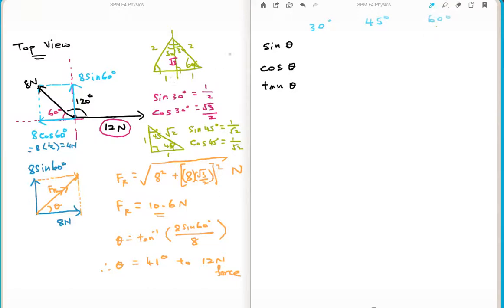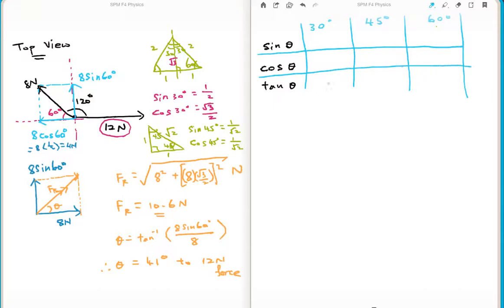From these two triangles, you should be able to set up a table. I don't mind helping you out with that over here, just in case you've forgotten those values.